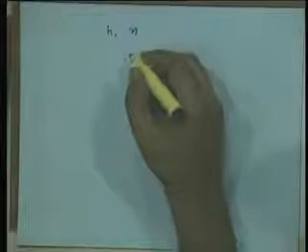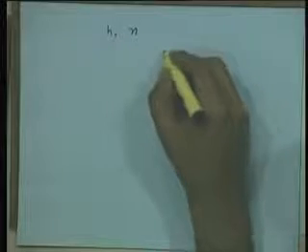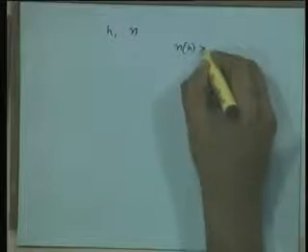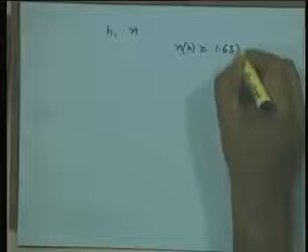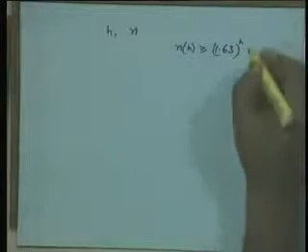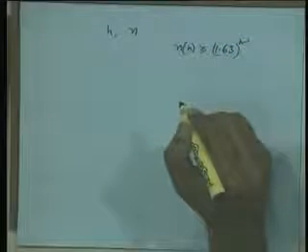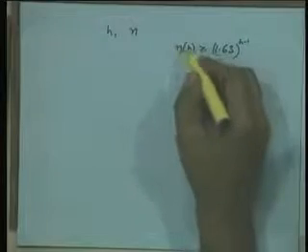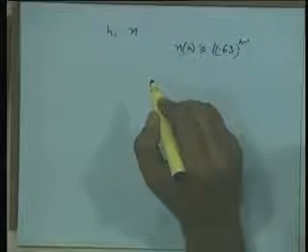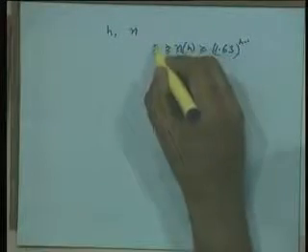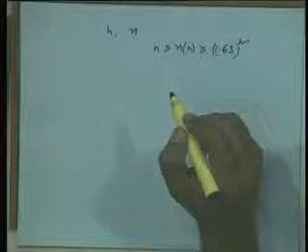We have just seen that n of h is greater than or equal to 1.63 to the h minus 1. That's what we saw just now. This is the tree with the smallest possible number of nodes, so n is going to be only larger than this.